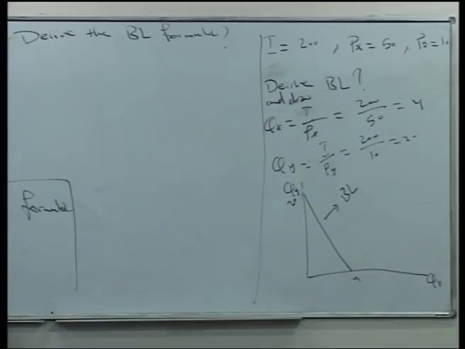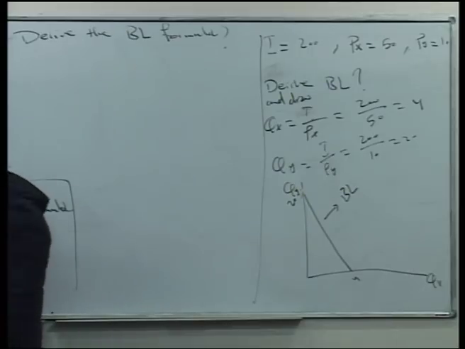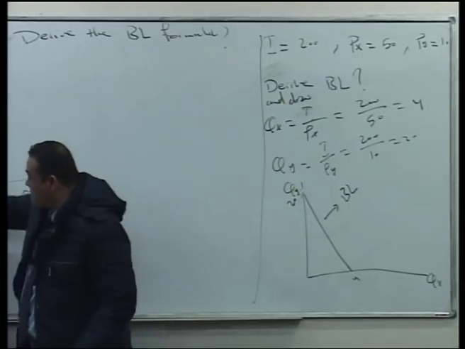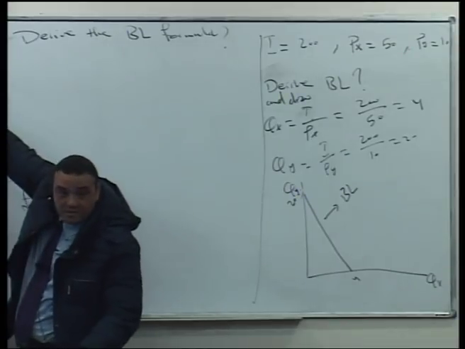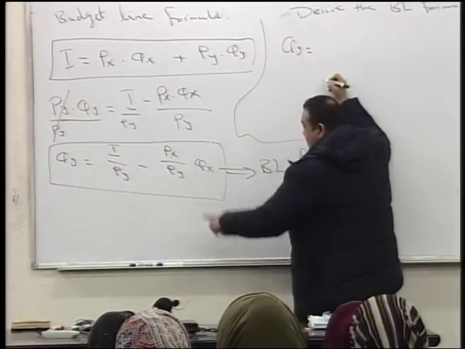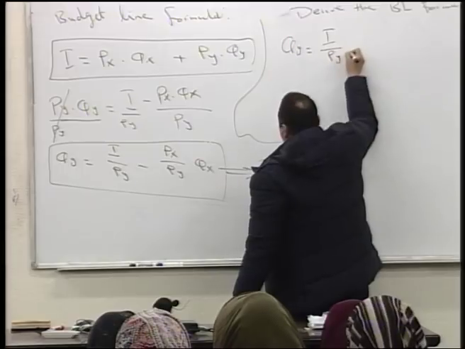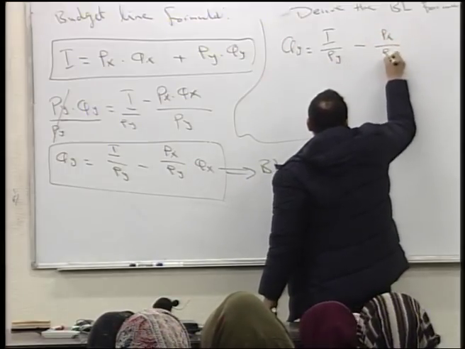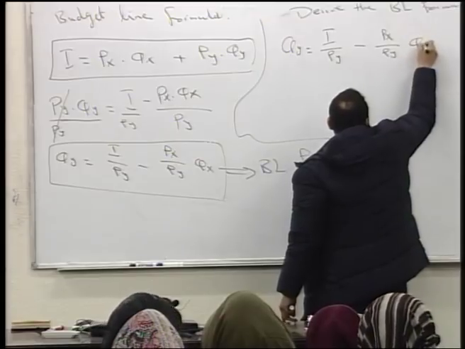It is easier to write the formula and derive QY from it, because this part will otherwise float. You have to use the formula we derived from this one. So QY equals I over PY minus price of X over price of Y times QX.